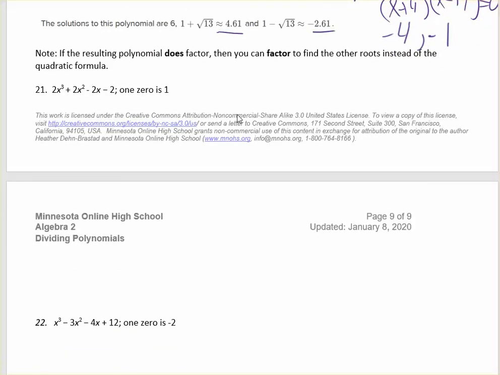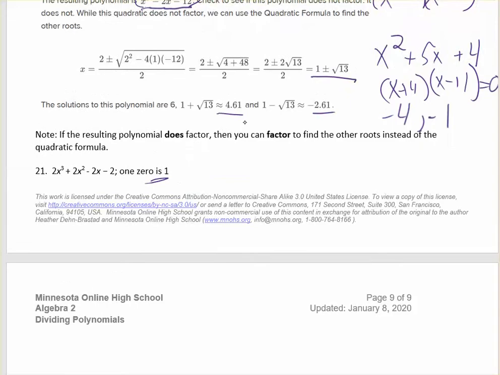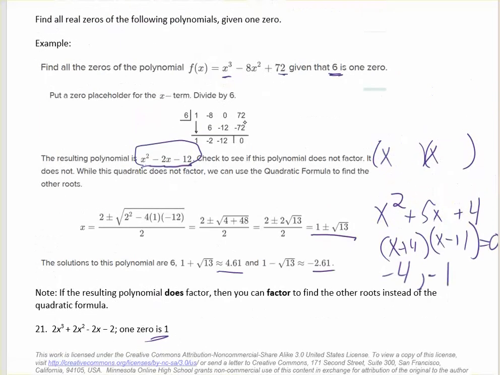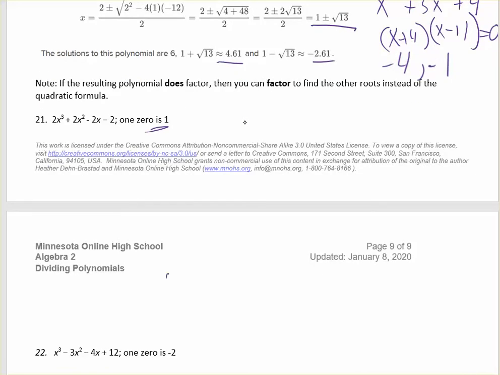So your first step is to use the zero that they give us to do synthetic division. They tell us that that is a factor. A lot of 2's. And then use the polynomial that you get when you multiply this. 2 times 1 is 2.